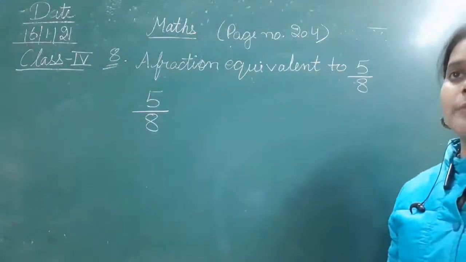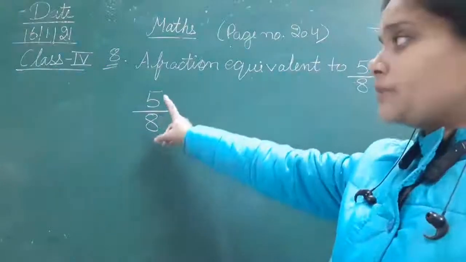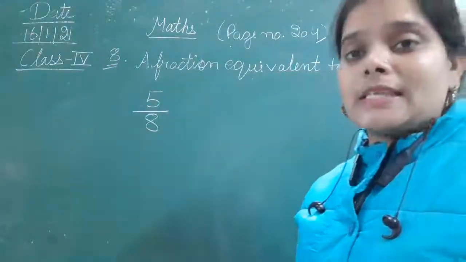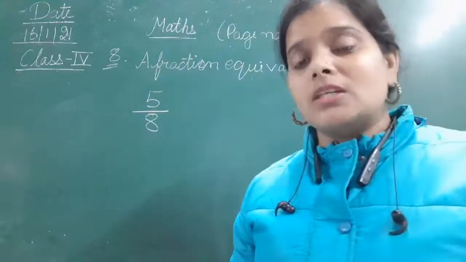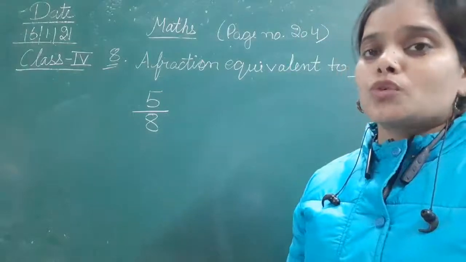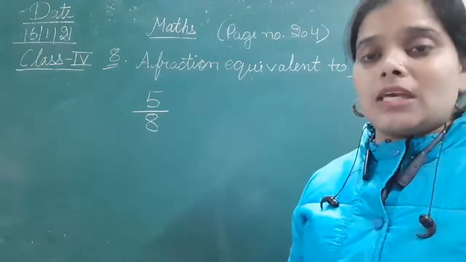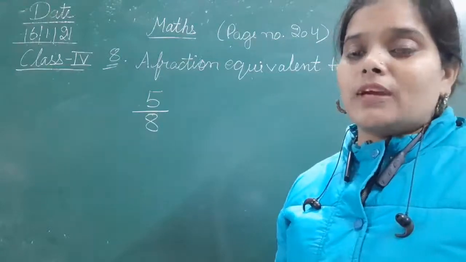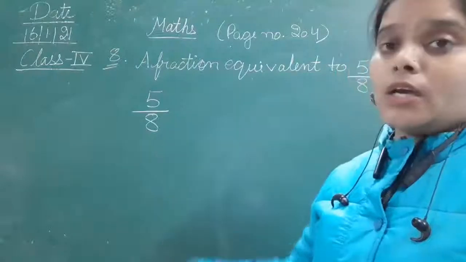For that we will multiply both numbers with the same digit. That means we will multiply the numerator as well as the denominator with the same number. Then we can easily find the fraction equivalent to the given fraction.